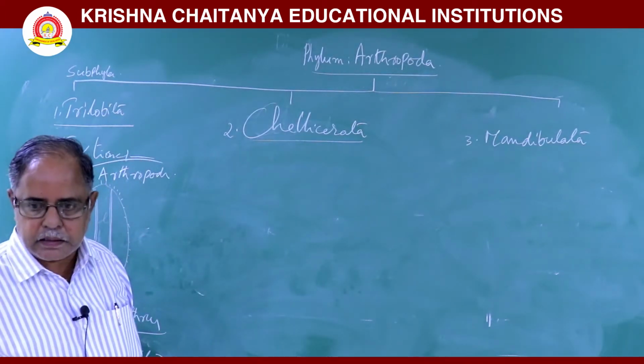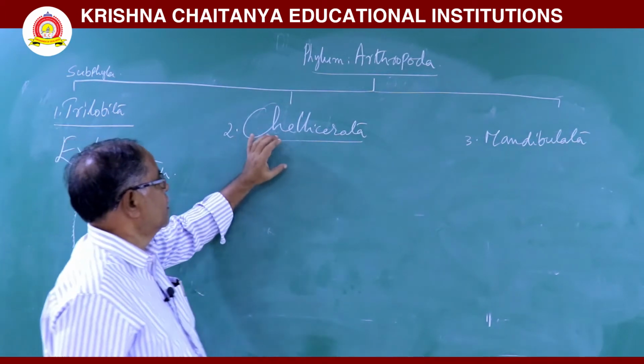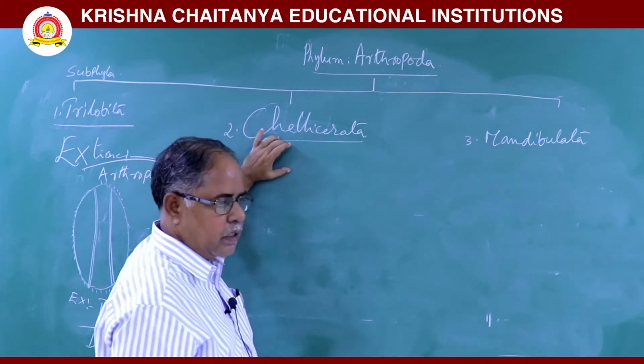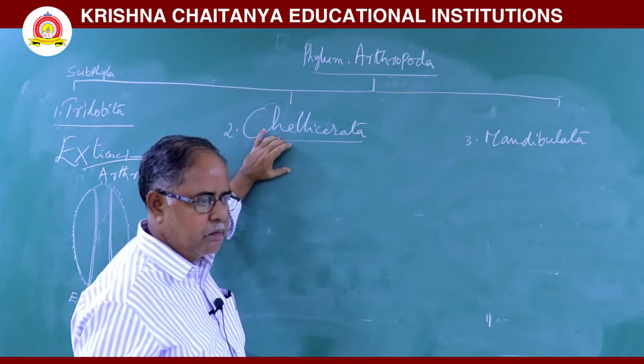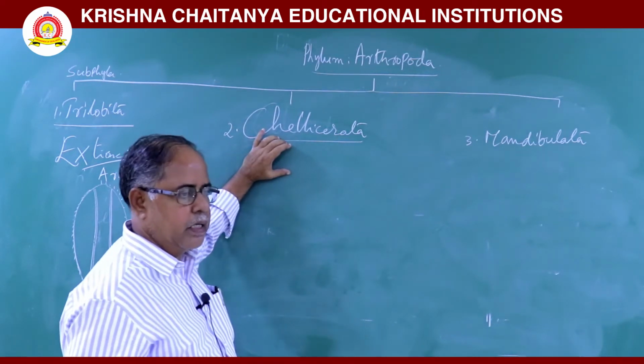Subphylum Kcjc. In this subphylum Kcjc, the animals which are included, some are aquatic, some are terrestrial.